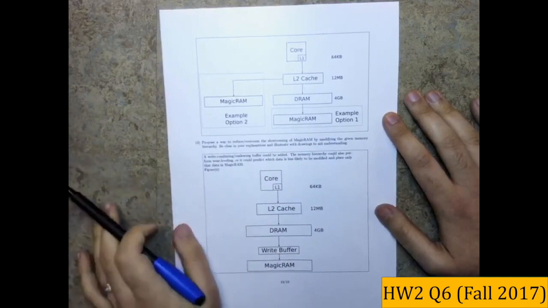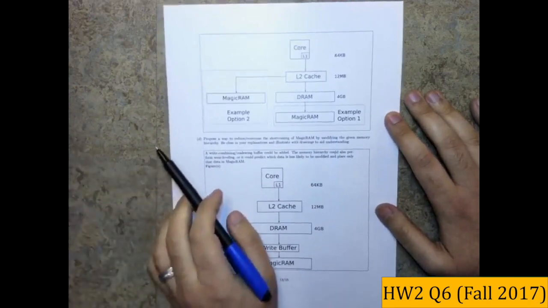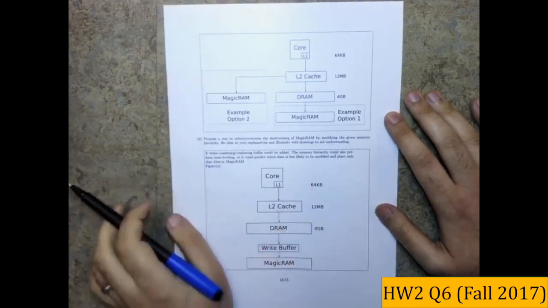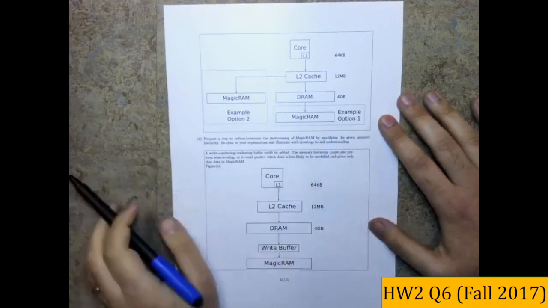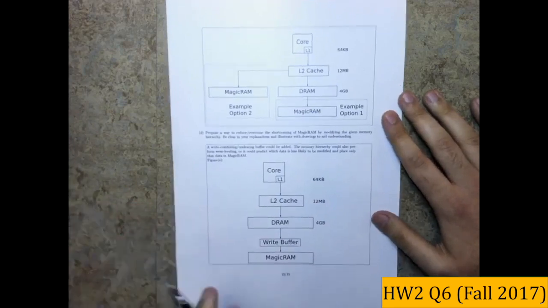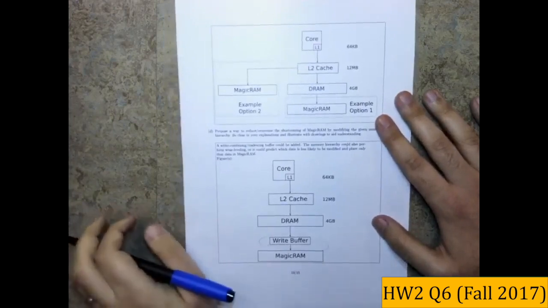So, what can we do for reducing the overheads or mitigating that endurance problem? If we use DRAM as a cache for magic RAM, DRAM filters some write accesses to magic RAM, and it's good. But what we can do more is adding a write buffer between DRAM and magic RAM.